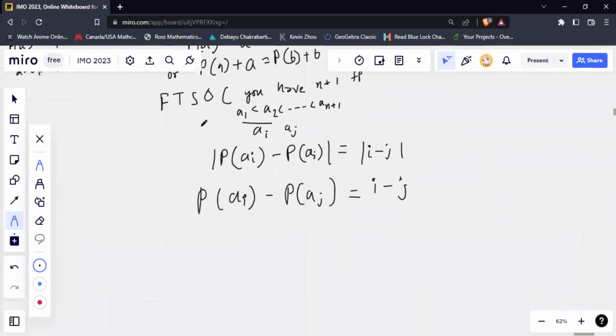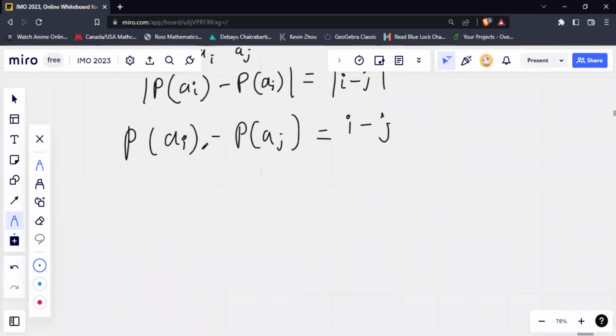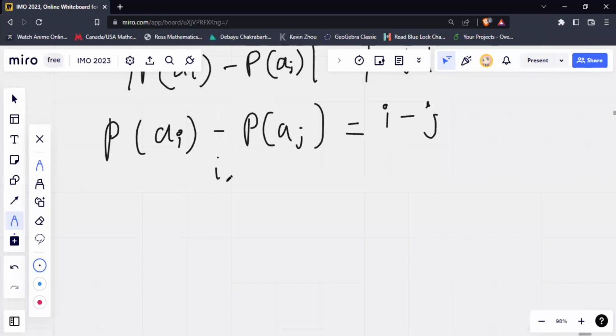What happens if this is true? Ignore everything else. If this is true for all ij, what goes wrong? Will it be AI minus AJ?